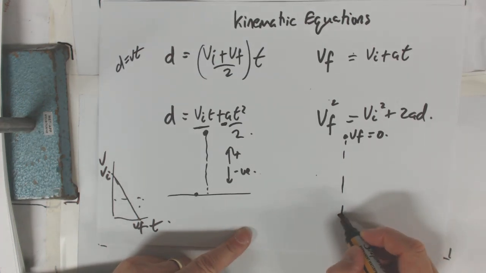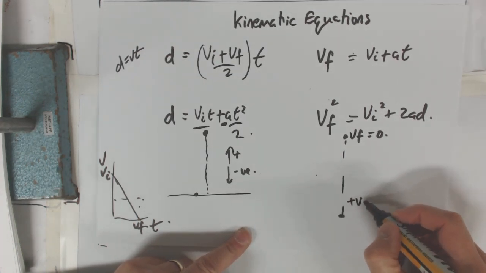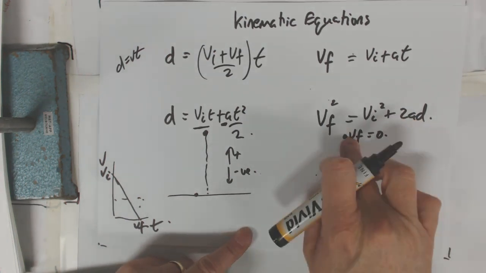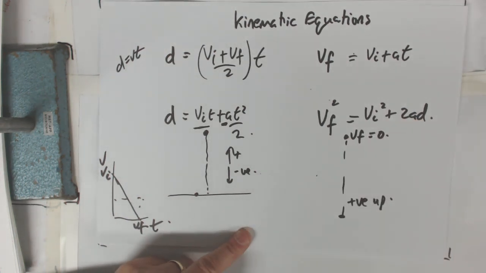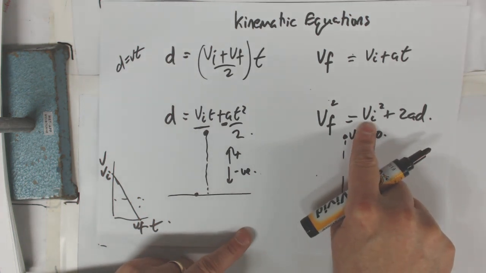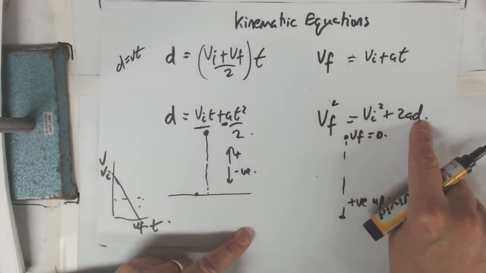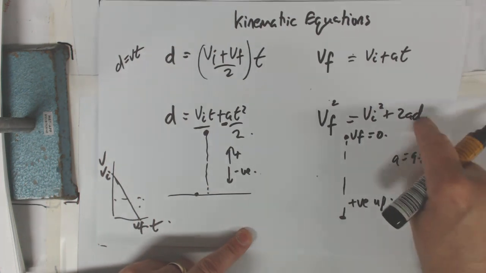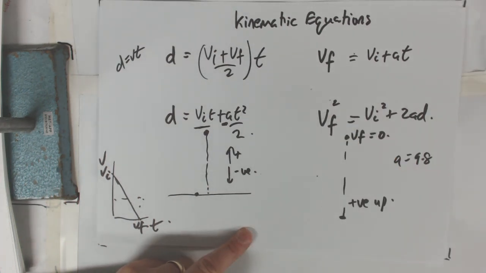VI was whatever it was. It will be a positive velocity up. But the acceleration, as we've said, if you've said positive up, is negative down. So for a given initial velocity, you can work out how far it will go, assuming A equals 9.8. Or, given a distance up, you can work out what its initial velocity is.